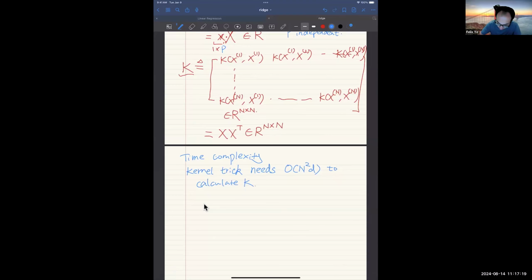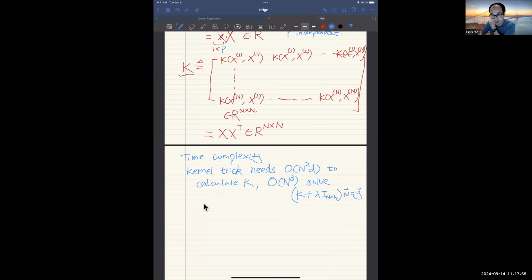All right, so the kernel trick requires n squared times d to calculate the matrix K. And also we need to solve a matrix-vector equation, K plus lambda identity n by n, times some x equal to y, which requires order of n cubed.